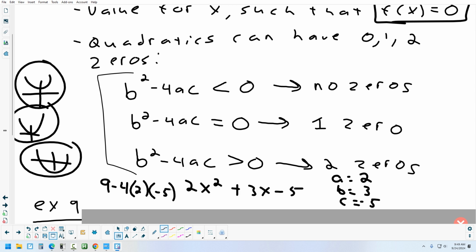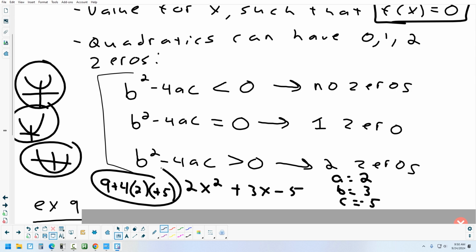Well, when you multiply a negative 4 times a negative 5, what's going to happen when you have a minus a minus? Turn positive. Right, that's going to turn positive. And I have 9 plus 4 times 2 times 5. I don't care what that is exactly. All I care about is, is it going to be less than 0, equal to 0, or more than 0?